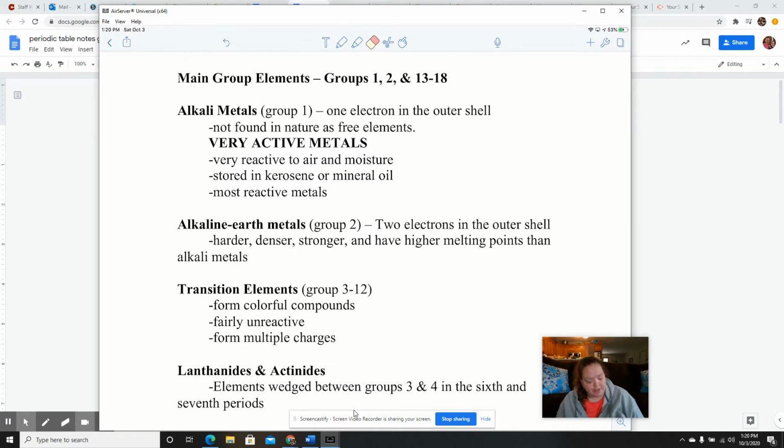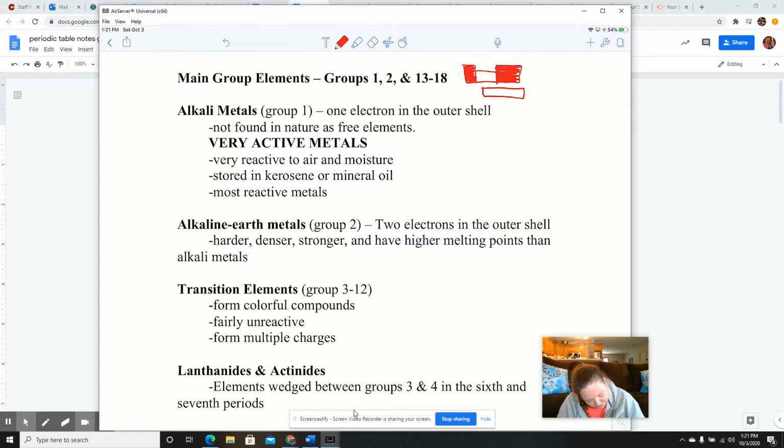First of all, we're going to start off here with the main group elements. If you think about the periodic table, you have two columns that are up high, and then you have this middle section, and then you go back up and it's high up again, and it comes down here like so, and then you have these bottom two pull-out rows. The main group elements are the elements in these top high-up sections.